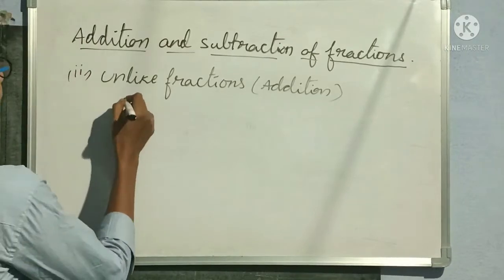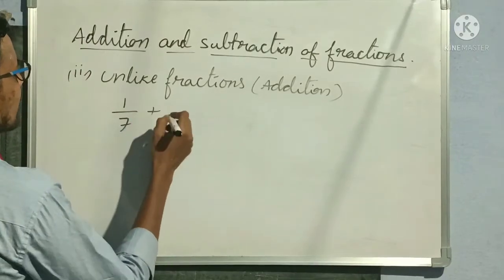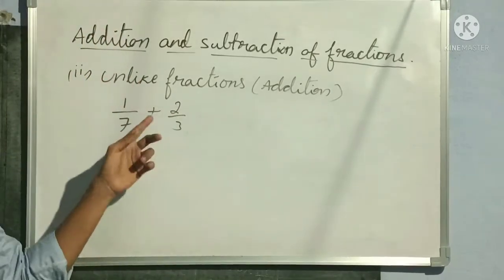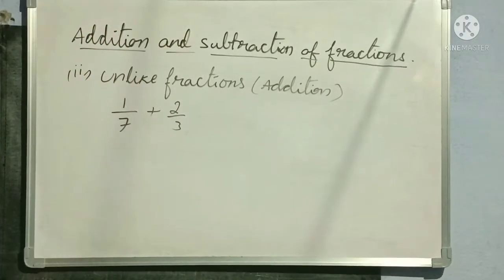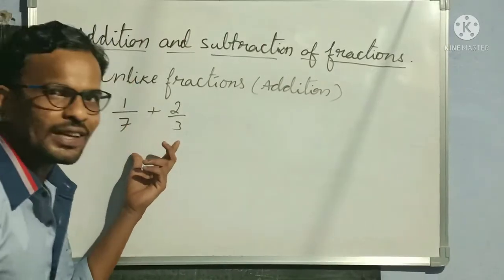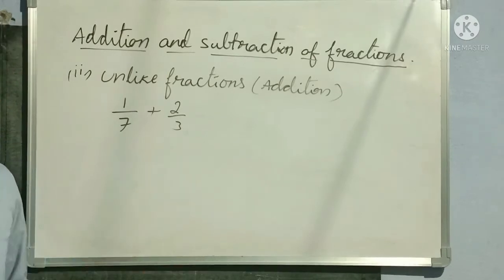Unlike fractions means different denominators. Suppose I am taking 1 by 7 plus 2 by 3. I want to add 1 by 7 and 2 by 3. Are these two like fractions? Do these two fractions have the same denominator? No. Then how to add?